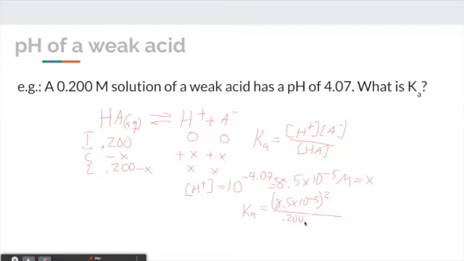But that's so small compared with 0.2 that we can either subtract it or just forget it, because it's not going to change the value when we're using significant figures properly. So now we can just solve this problem. You can put the minus 8.5 times 10 to the minus 5 in the denominator if you want to, but it's certainly not necessary. So we square the numerator, divide by 0.2, and come up with our answer. So Ka here is 3.6 times 10 to the minus 8.